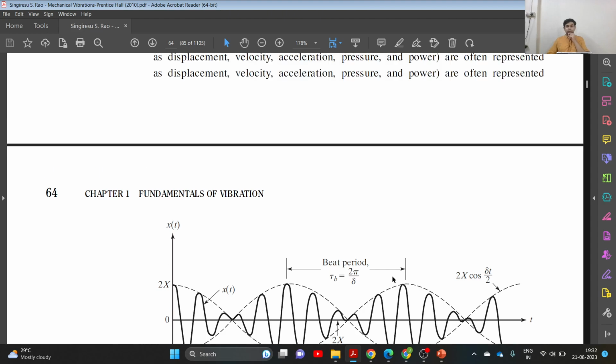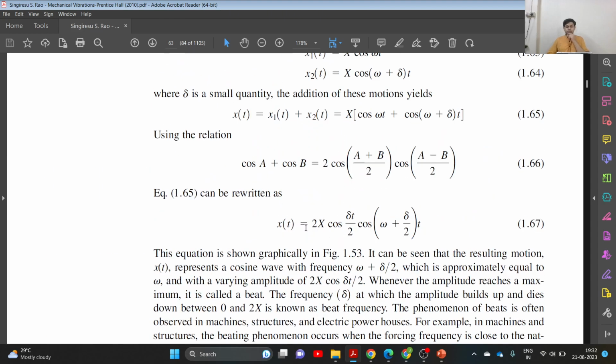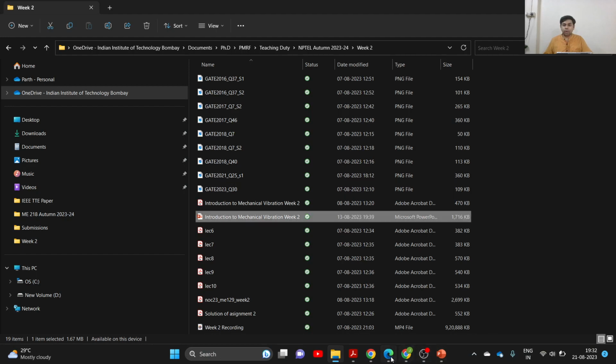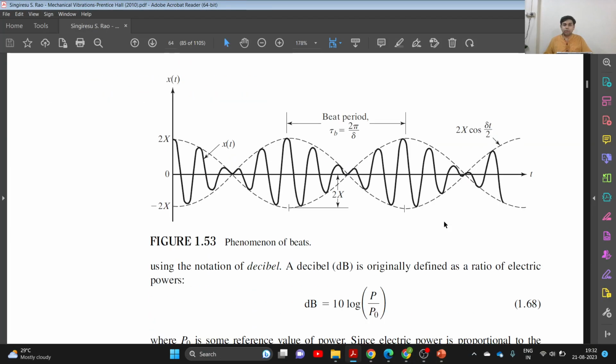No, no, because of its symmetry, it becomes half of that, because this pattern is repeating two times in one cycle itself.